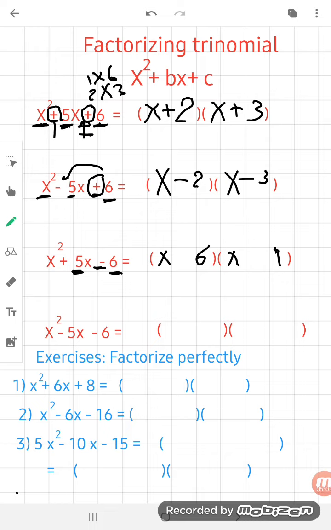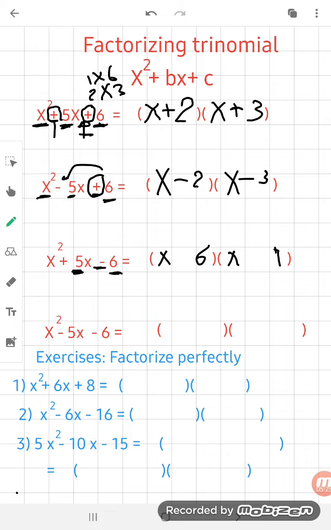When the last sign is negative, the two signs are different. It means plus, minus, or minus, plus. But pay attention, the greater number takes the middle sign.